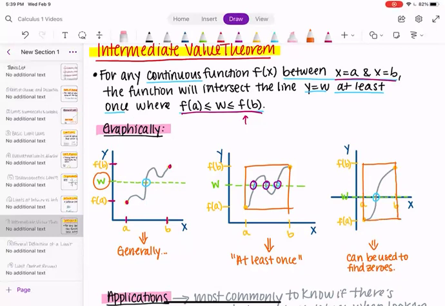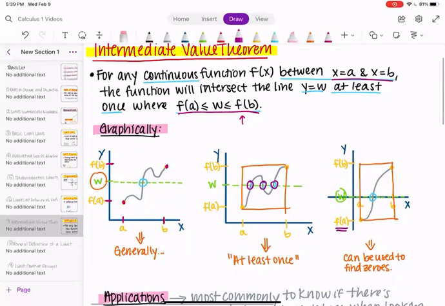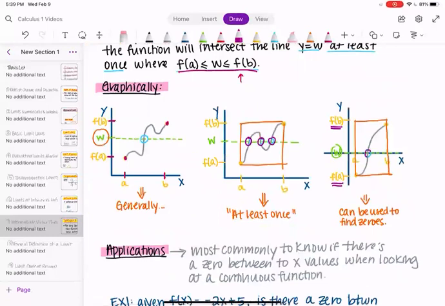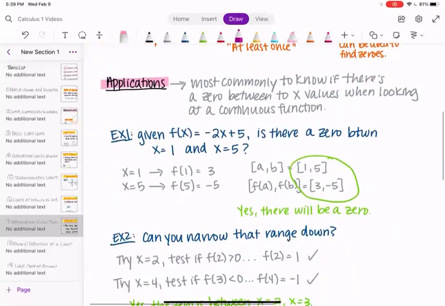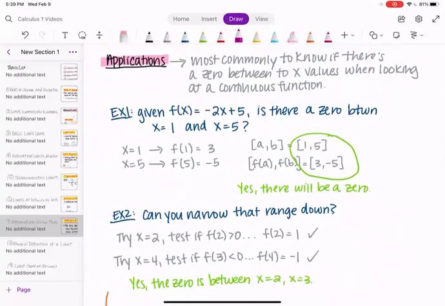My w being on the x-axis means that it's 0. As long as I have some f of a that's less than 0 and some f of b that's greater than 0, it has to be the case that my function will cross the x-axis if it's continuous. That's actually the most common application of the Intermediate Value Theorem: it's a way to approximate where that 0 is.